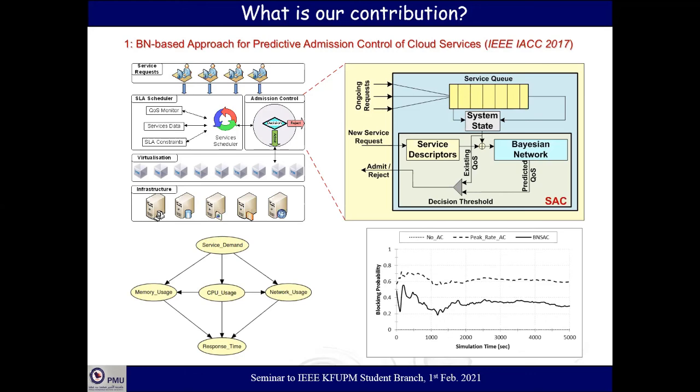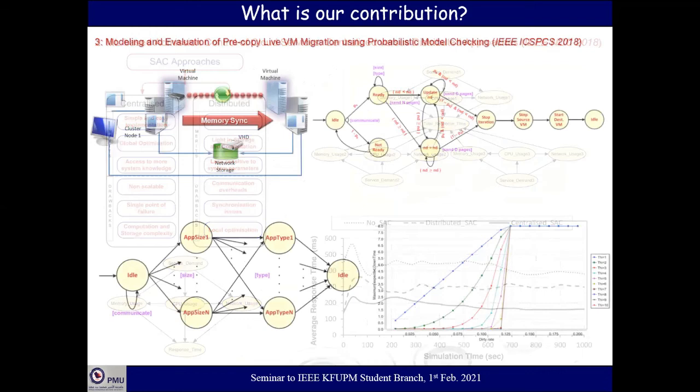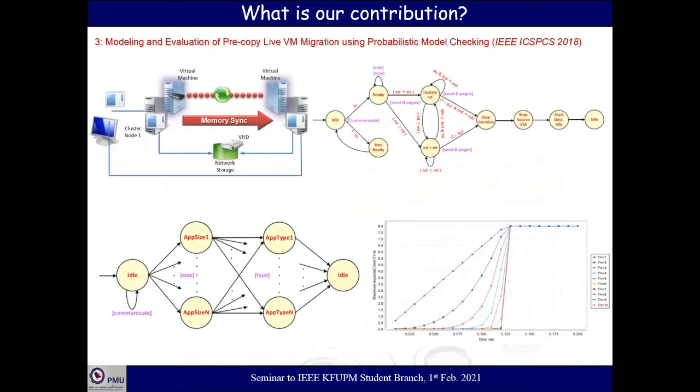In the second one, we are comparing centralized versus distributed approaches for admission control, again using machine learning techniques to gather and process the data. In the third one, we are working on virtual machine migration, how we can do it and how we evaluate its performance.